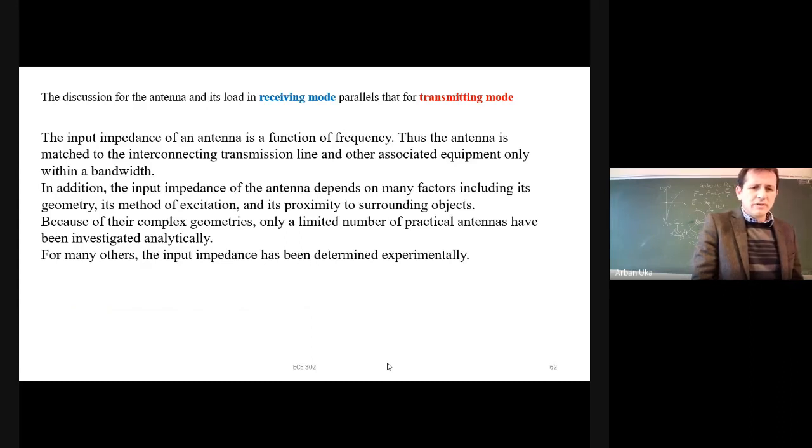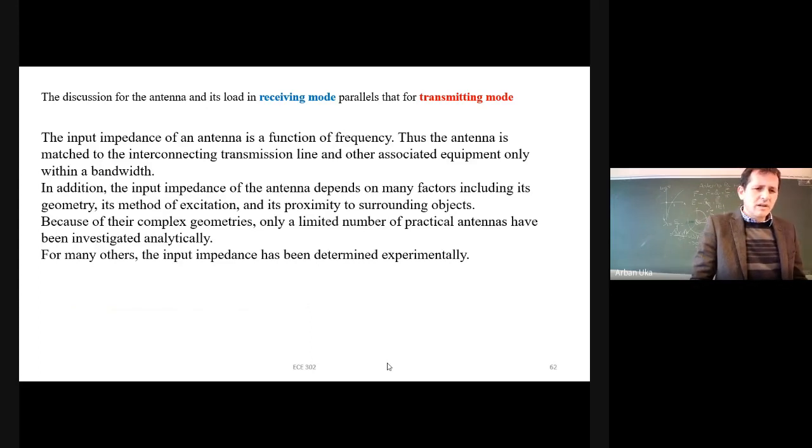The input impedance of an antenna also depends on other factors such as geometry, the method of excitation, and the proximity to surrounding objects. Because of the complex geometries, only a limited number of practical antennas have been investigated analytically. For other antennas, the input impedance can be determined experimentally.